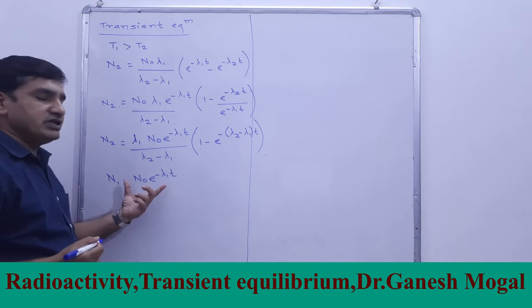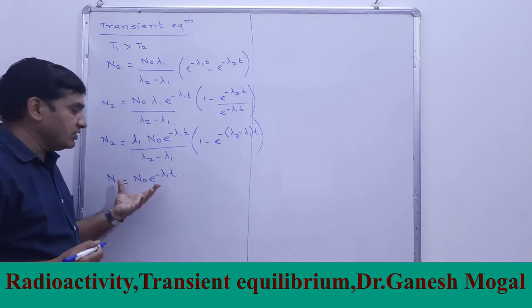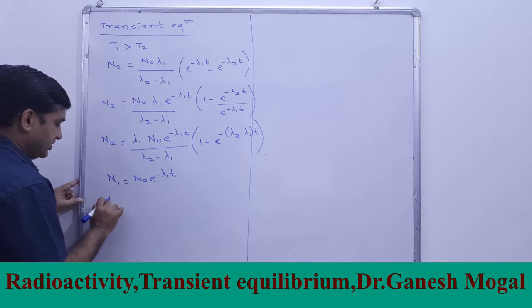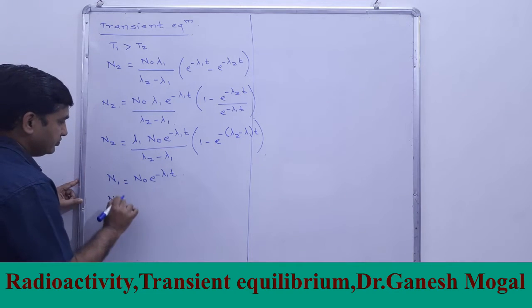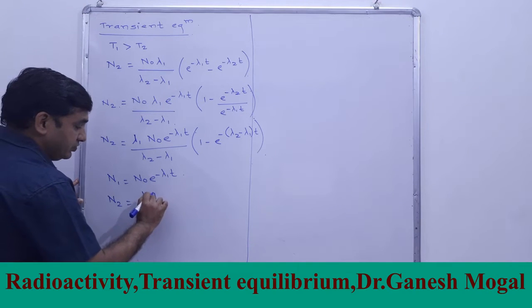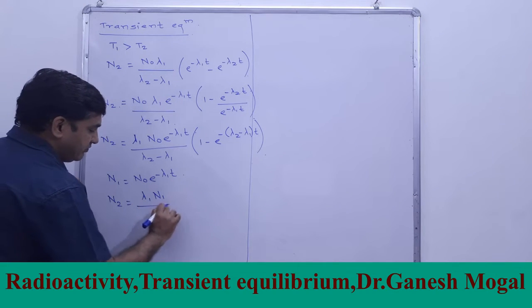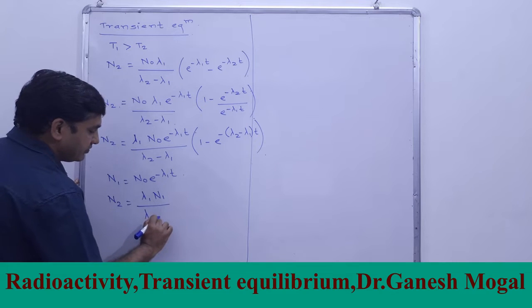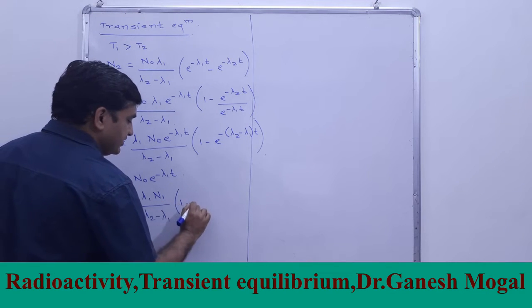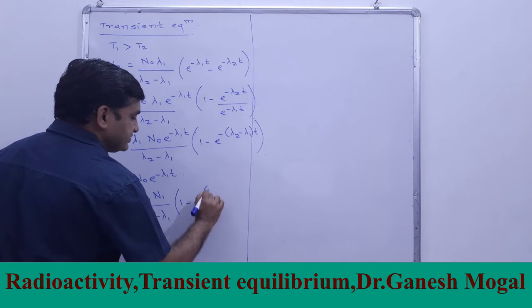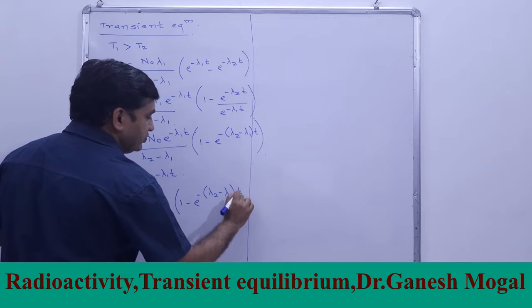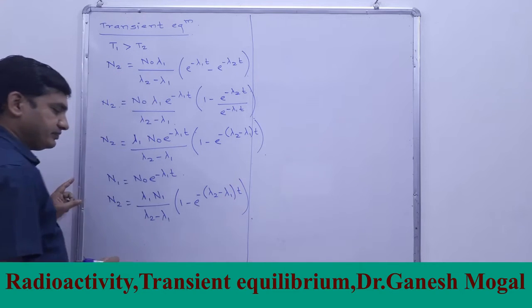This represents the number of radioactive nuclei for the parent atom, and therefore this equation becomes N2 equal to lambda 1 into N1 divided by lambda 2 minus lambda 1, in bracket 1 minus e raised to minus (lambda 2 minus lambda 1) into t.